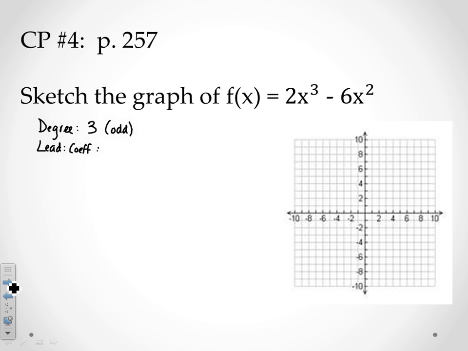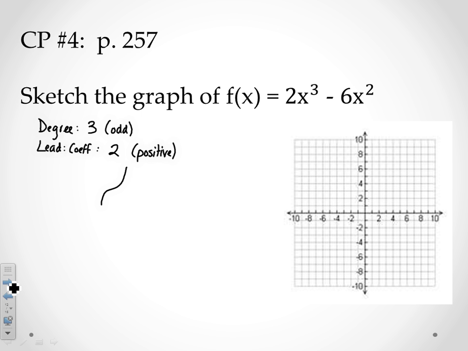The lead coefficient is 2, and it's positive. That tells me something too. Between having an odd degree and a positive lead, I know this is going to fall to the left and rise to the right. So that's back on our other thing.